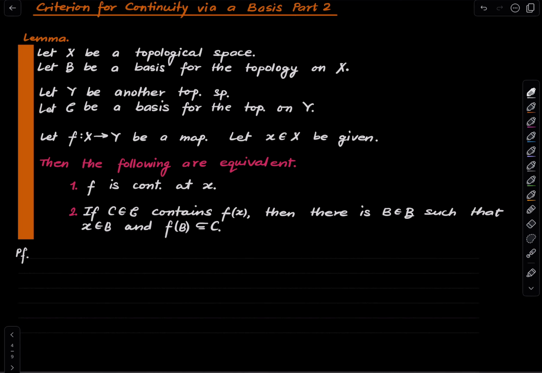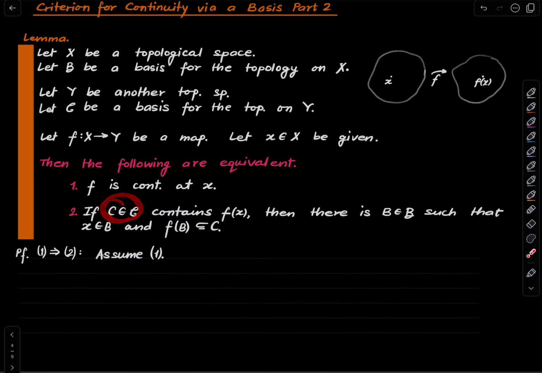So for 1 implies 2, assume 1. So let me draw a picture also. Assume 1, we want to show 2. So fix an element in C with the property that it contains Fx.